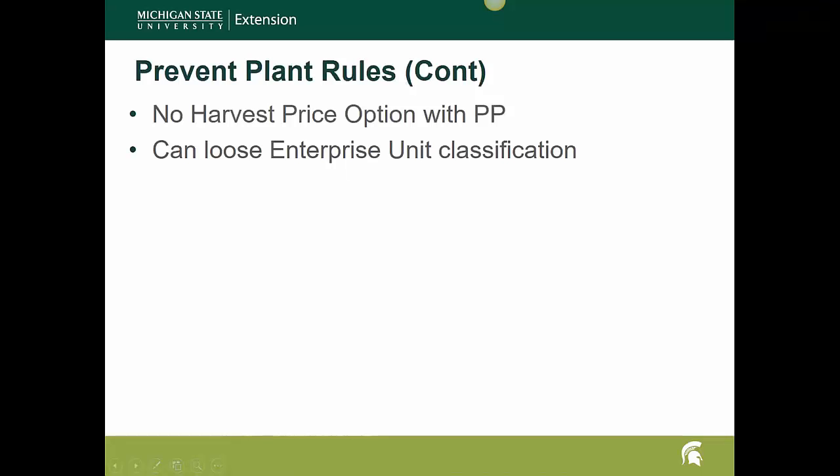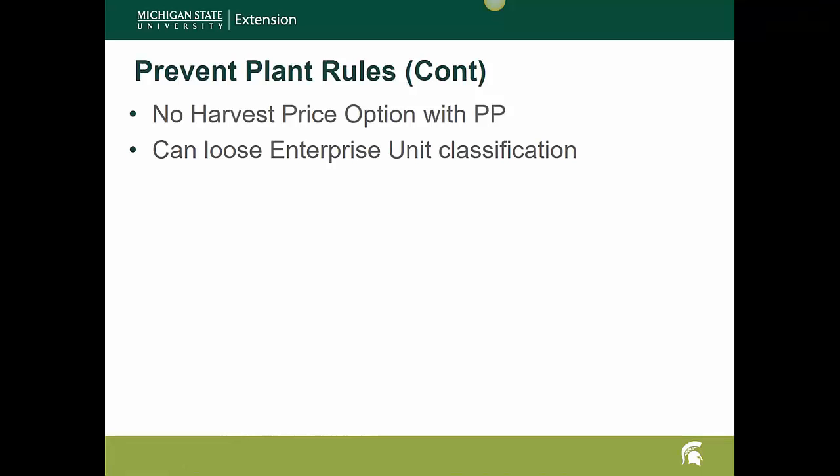The enterprise unit is based on planted acres. Say your crop insurance quotes and so forth are based upon an enterprise unit, and then you decide not to plant that one field. That may throw you out of your enterprise unit.